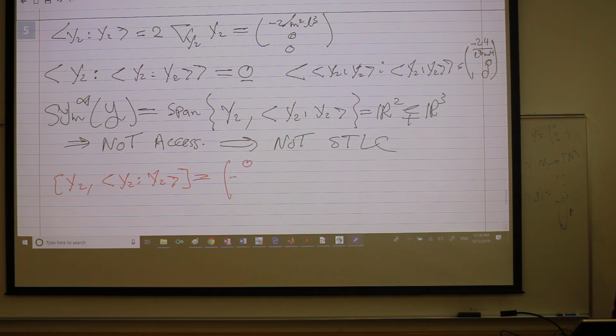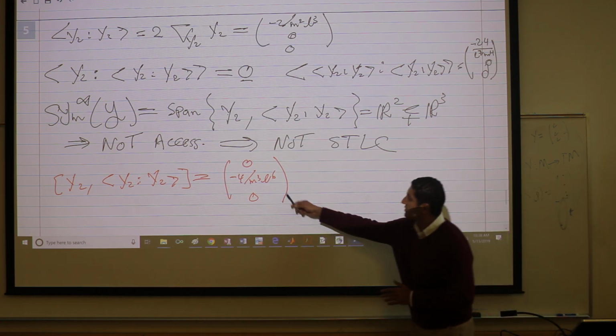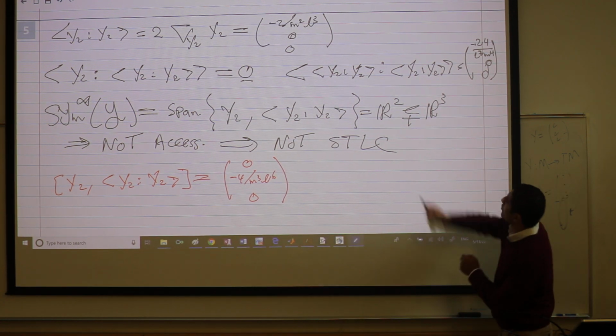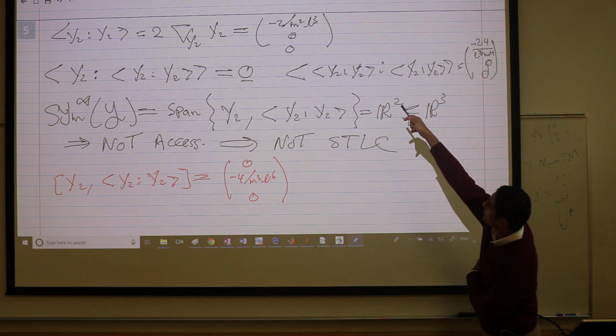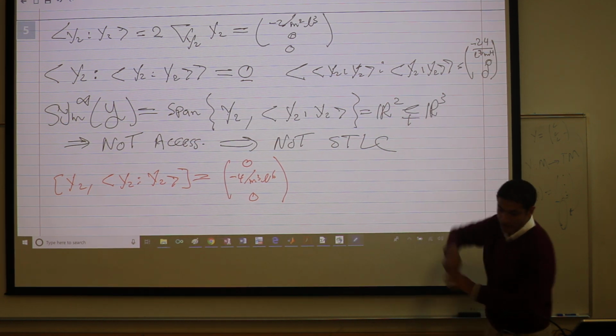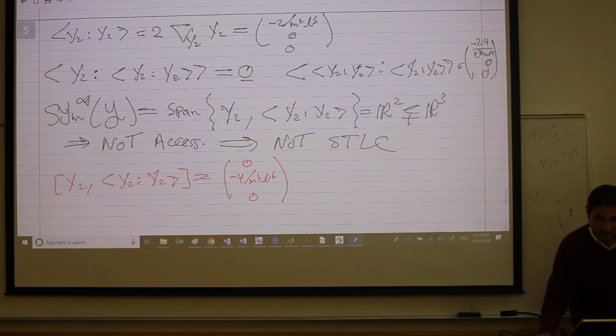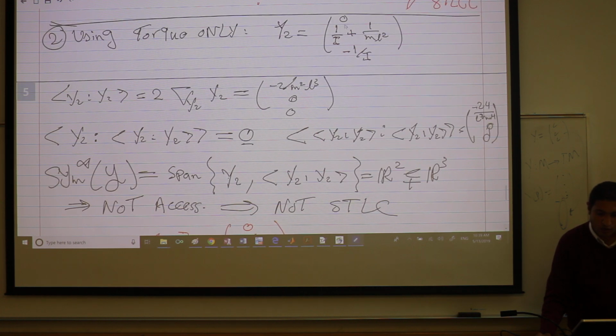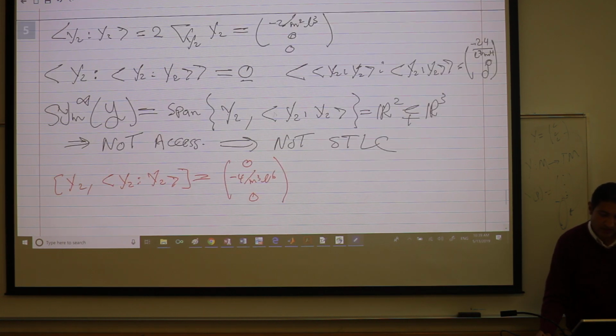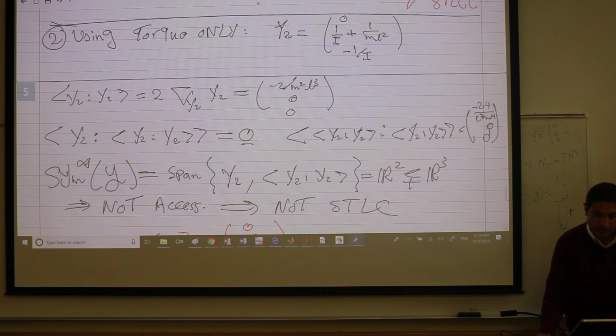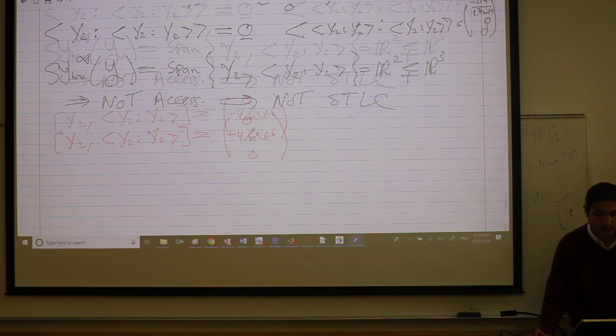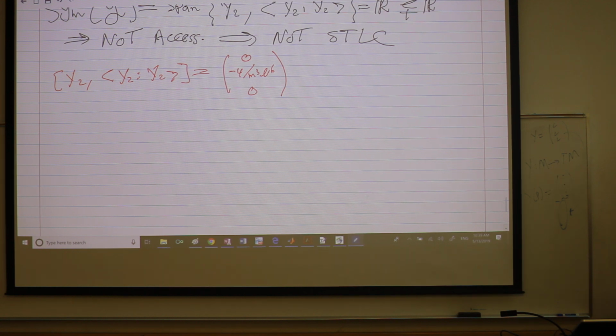So this is 0, -4, m cubed Ls and 0. So actually this guy with the symmetric product covers the first direction, right? This guy covers the first direction. y2 itself covers the first direction, this covers the second, and now y2 can cover the third.